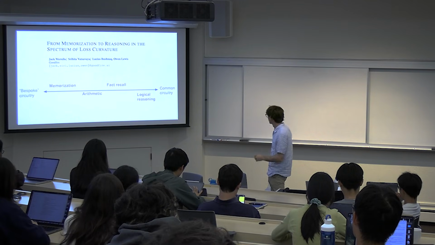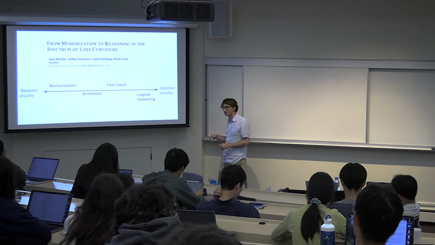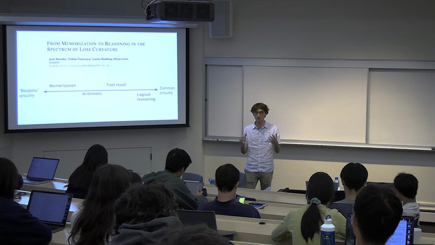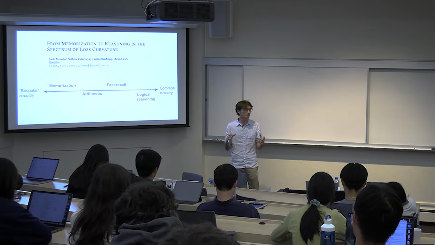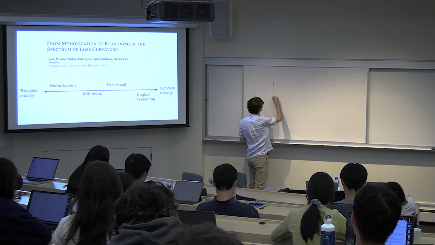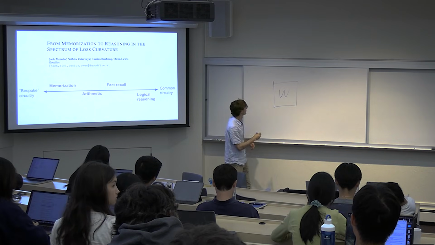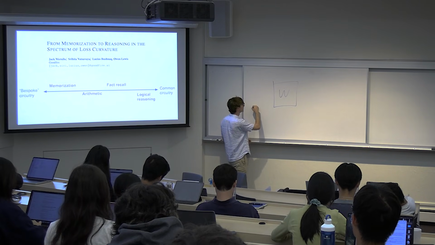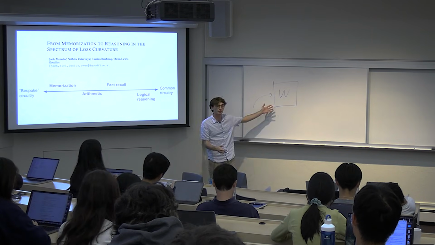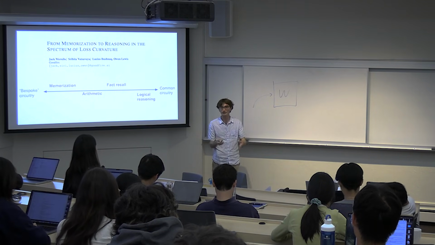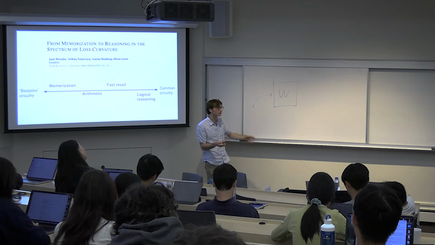So basically, if we have a weight matrix W, I think everyone can see this. This has activations going into it. So let's just say this is our linear layer in a transformer, just this one matrix.